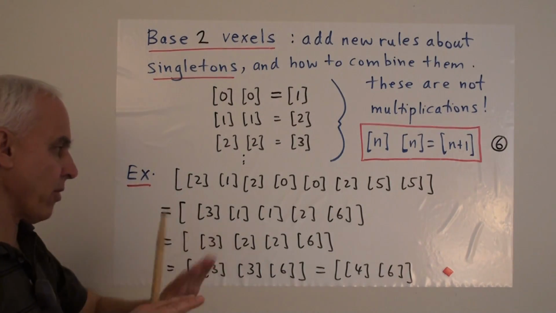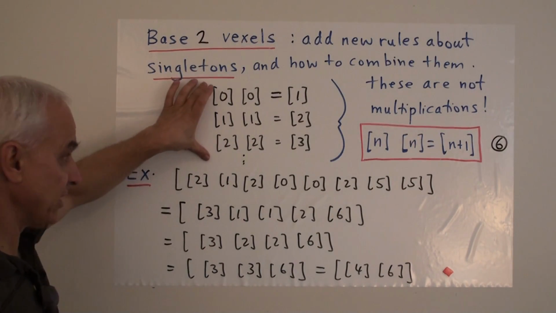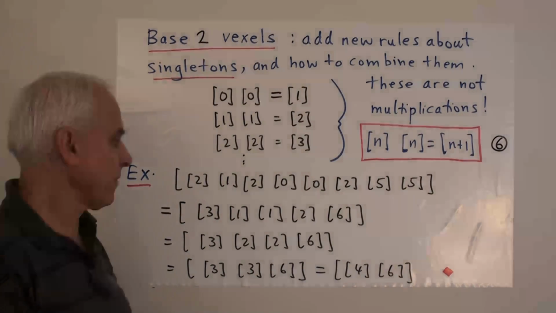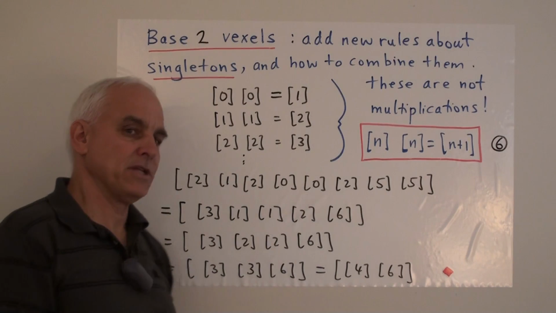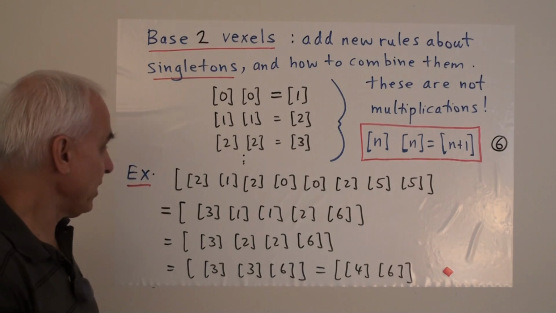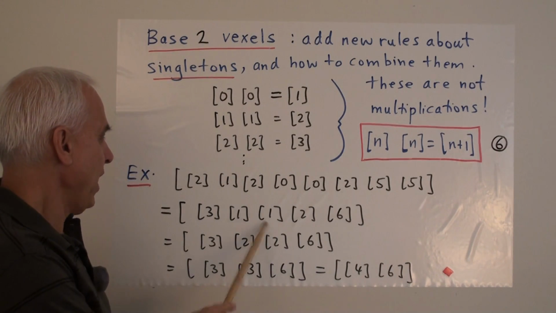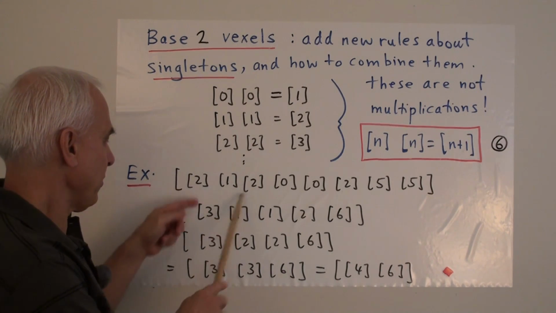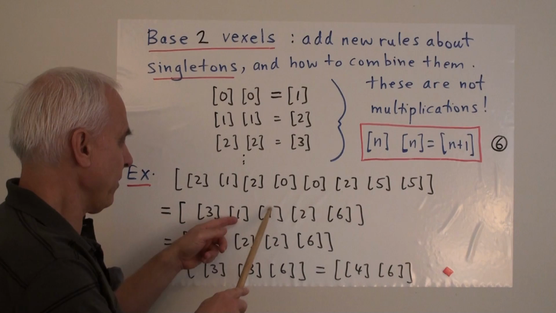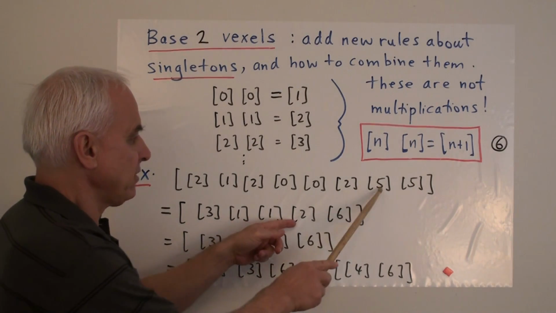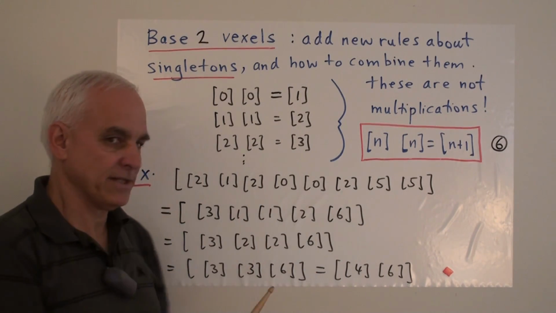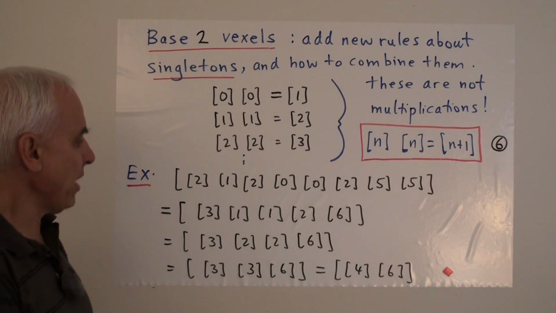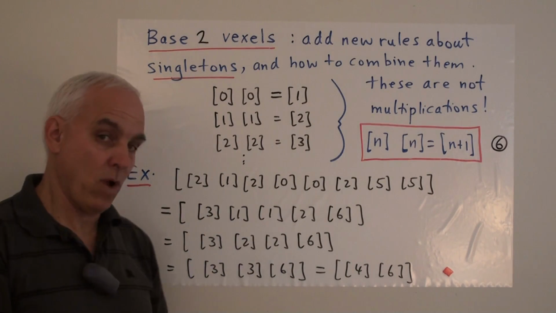It's a traditional ordinary vexil, but now we're subjecting it to these rules, or essentially to this single rule, if you like. And that means that these two zeros here can be replaced by the singleton 1. And these two 2s can be replaced with the singleton 3. So we get a 3, we get a 1 from here, a 2, and these two 5s can be replaced with a singleton 6. But then we can do the same kind of thing because now we see we have two singleton 1s.